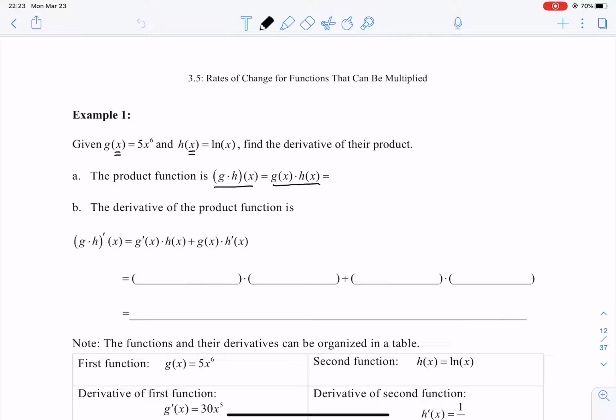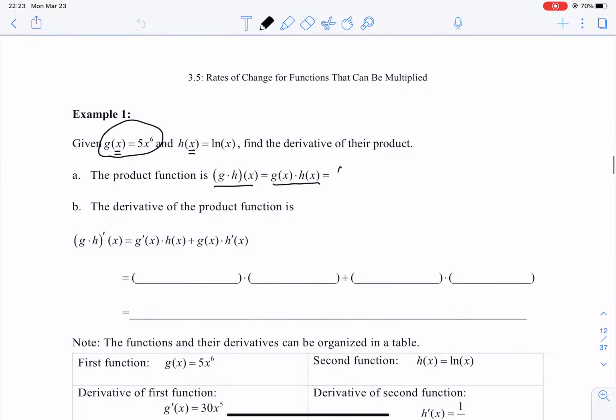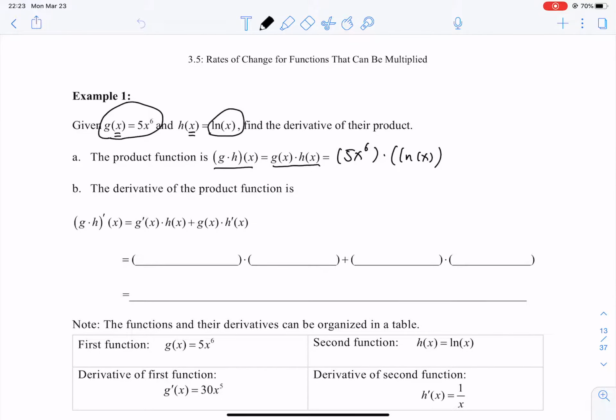Parentheses g dot h, parentheses x means g of x times h of x. Then we are given g of x is right here, just 5x to the 6th power, and h of x is right here, natural log of x, ln of x. Okay, so this is the new function by taking the product of the two functions.